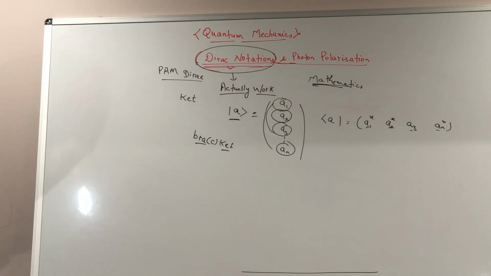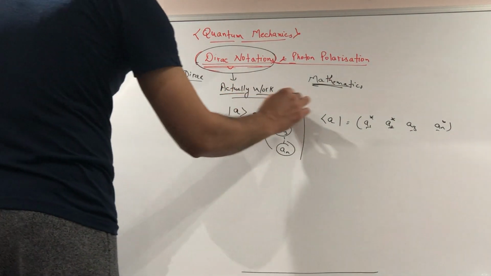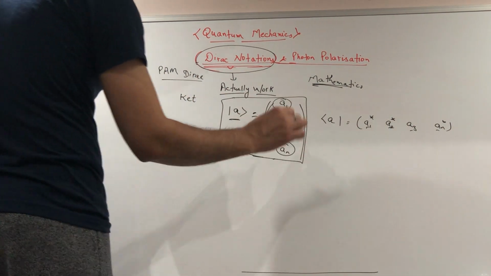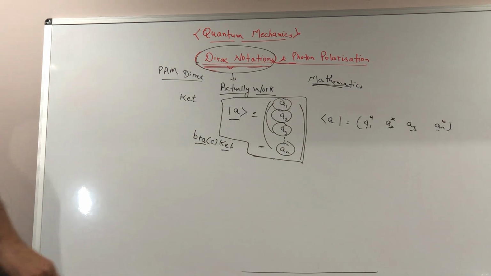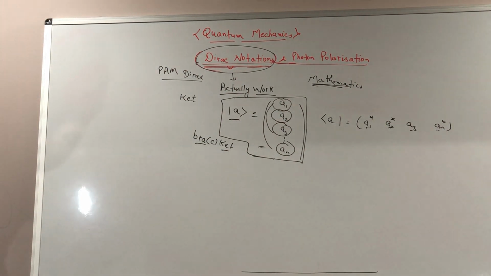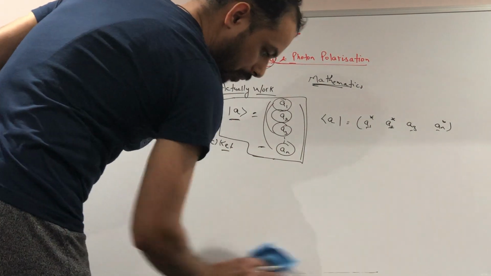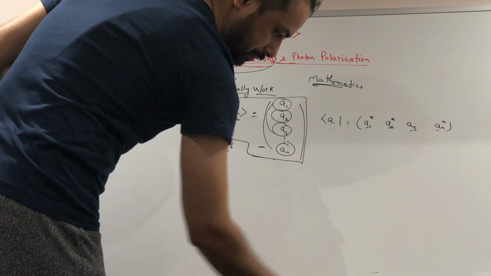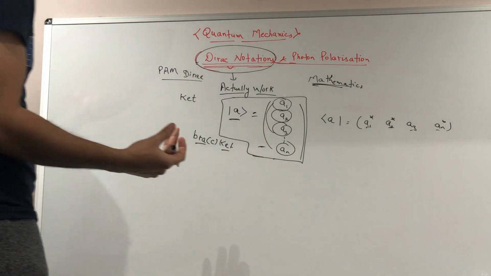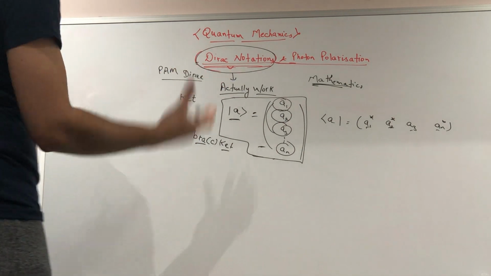The ket matrix is represented in the form of a column matrix. That's what I want you to remember, and we will discuss how we do various calculations using this matrix form. Ket is an eigenvector here.